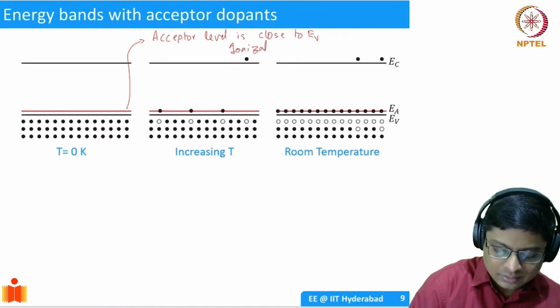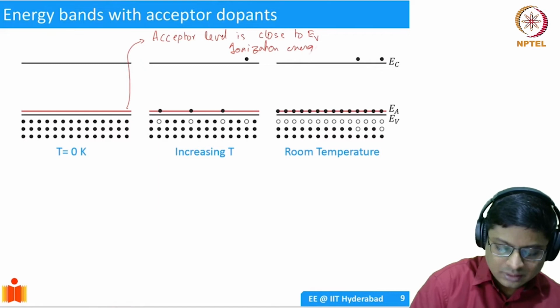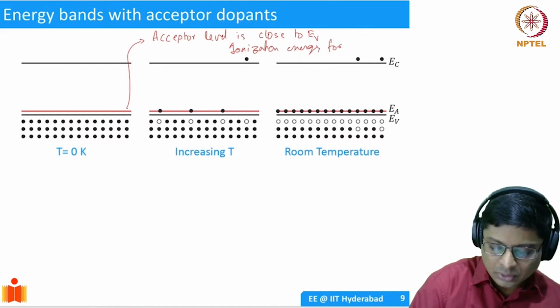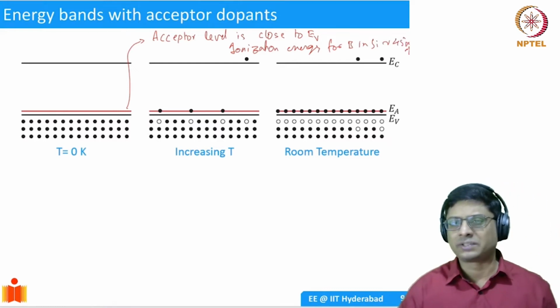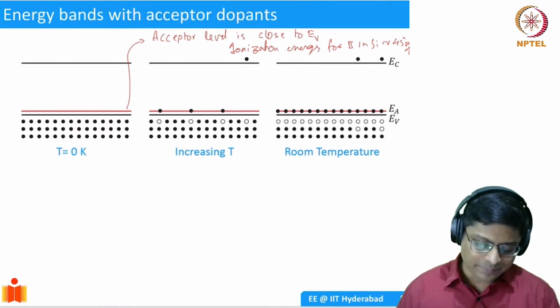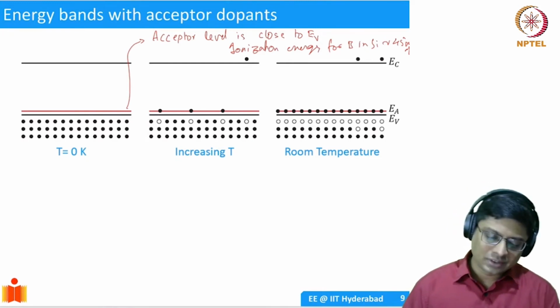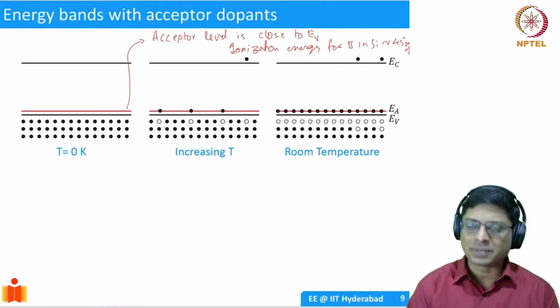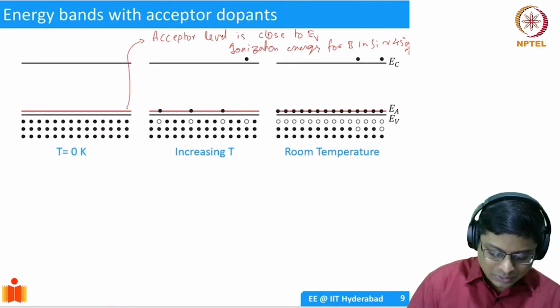Ionization energy for boron in silicon is also about 45 meV. The numbers we can check from the textbook, but I think it should be about 40 to 45 meV or something. So when you have this, what happens as the temperature changes? Well, at T equal to 0, all acceptor states are empty.